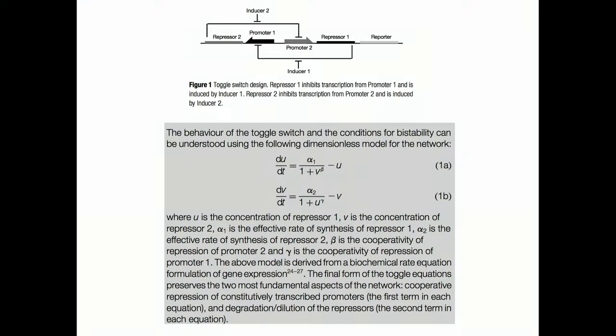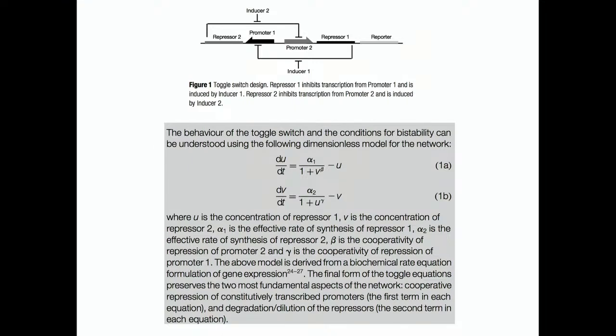Okay. Now, in this case, if you were to look at these reactions and say beta and gamma are both 1, so you have du dt equals alpha 1 over 1 plus v, minus u, and dv dt equals alpha 2 over 1 plus u, minus v. Okay. Beta and gamma are both 1.